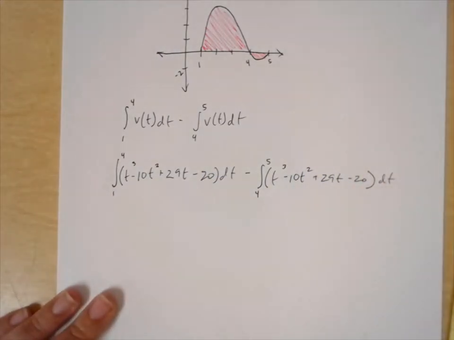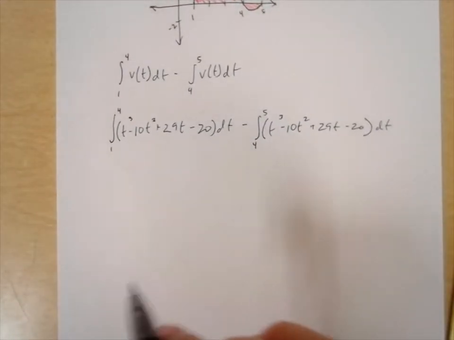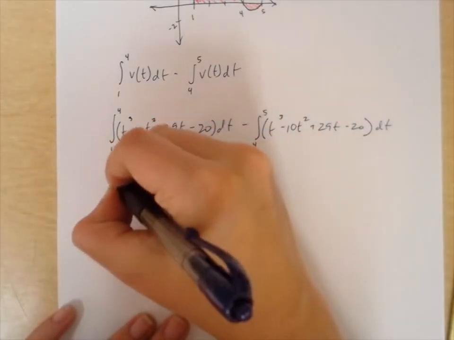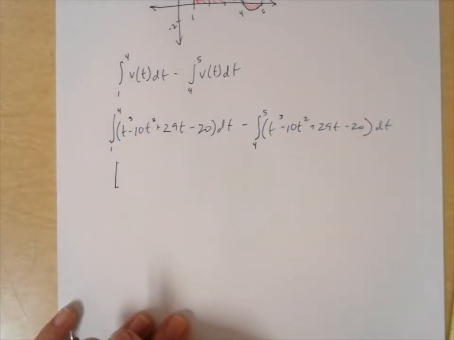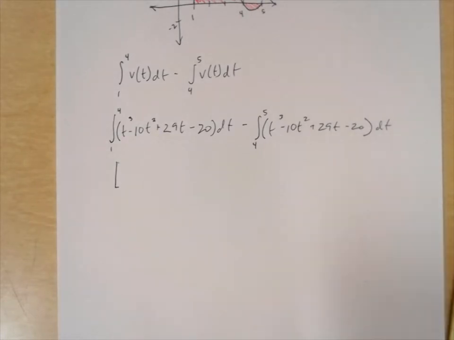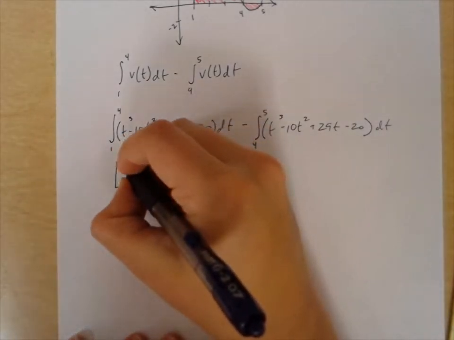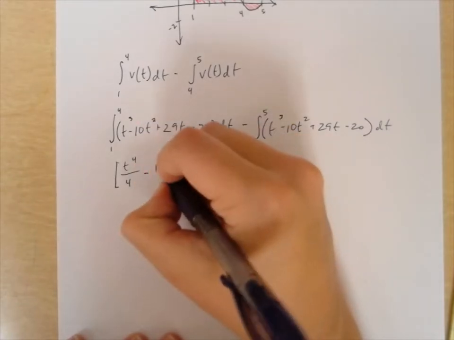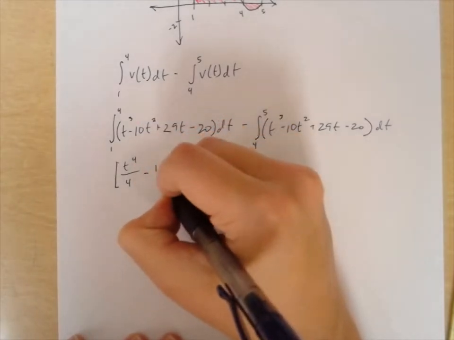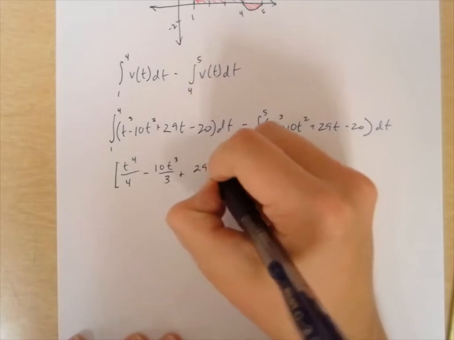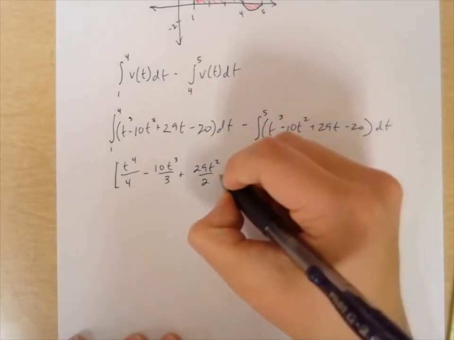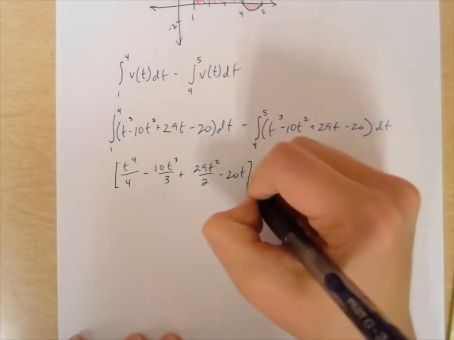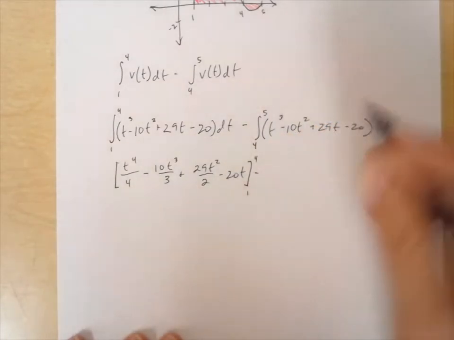And so I can start to write out my antiderivatives, and those are going to be the same thing, which is, again, nice. t to the 4th over 4 minus 10t to the 3rd over 3 plus 29t squared over 2 minus 20t, and that's from 1 to 4.